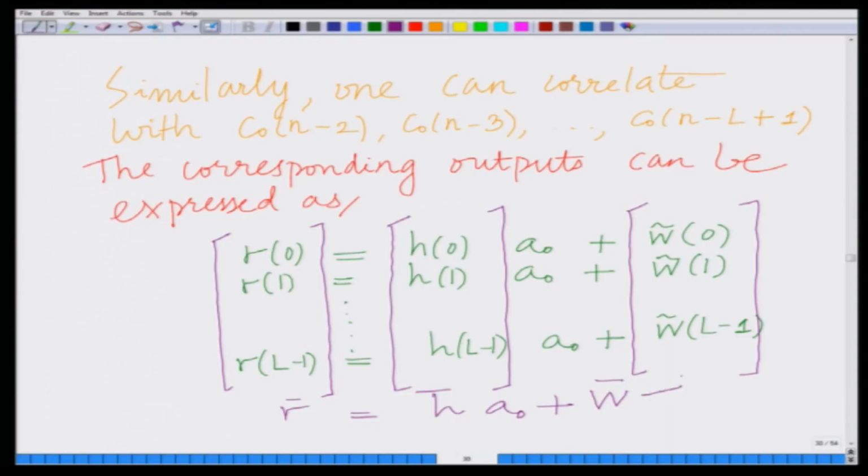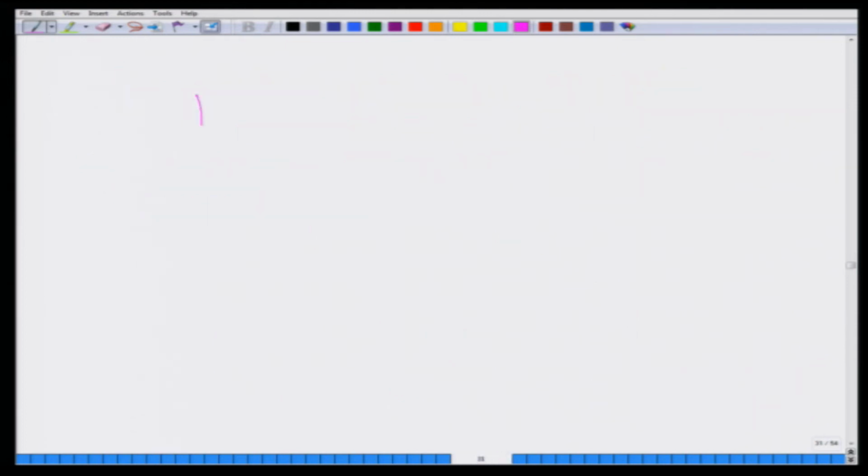Therefore, my model is R bar equals H bar A naught plus W bar.